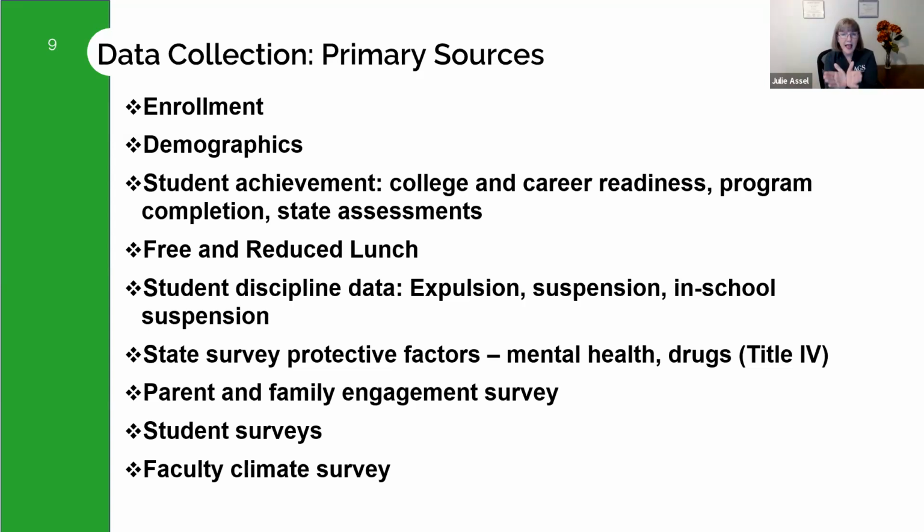So if you want to say, well, I want to know the attendance for 6th through 9th grade students who are receiving mental health services. I want to know, let's say, their demographics. And because it's mental health data, maybe you can't actually slice the data that finely, because the system that you have that talks about student demographics is not the same confidential system where you keep your mental health data, okay?